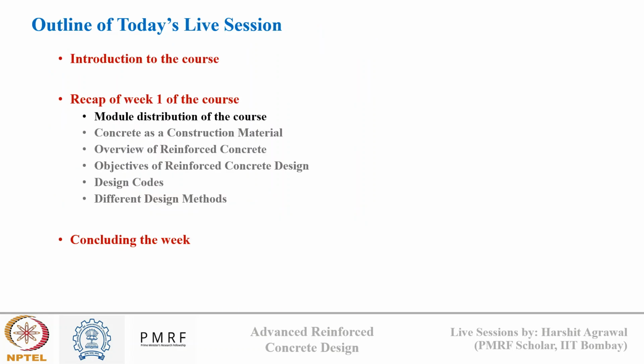So in today's session, we'll first have an overview of the course just to familiarize everyone with what this course will be offering to the learners. Then we'll see how the course is divided into 12-week content. Starting with week 1, we'll first have a basic overview of concrete as a construction material. We'll talk about different components of concrete and how concrete acts as a composite.